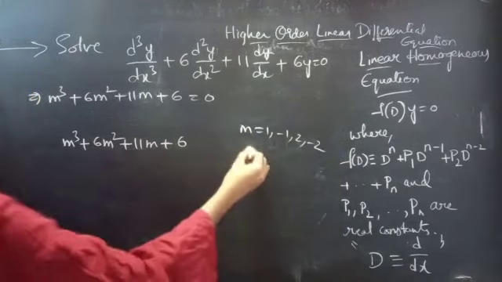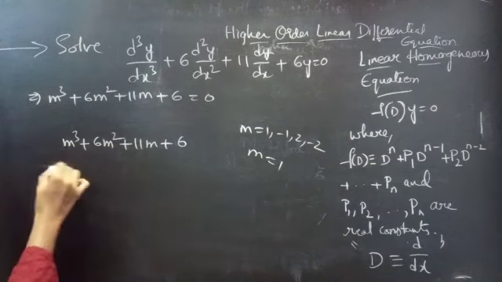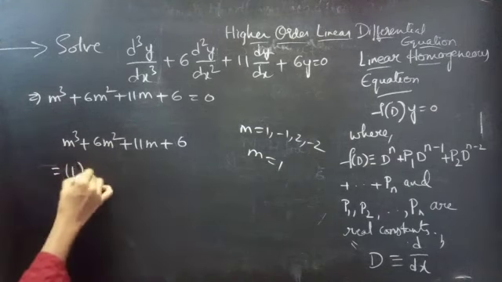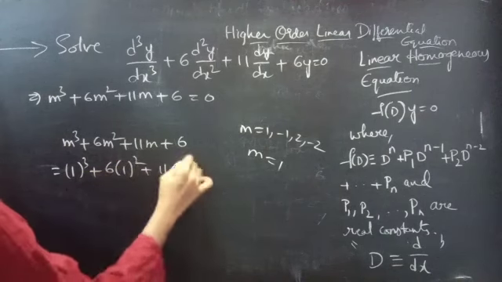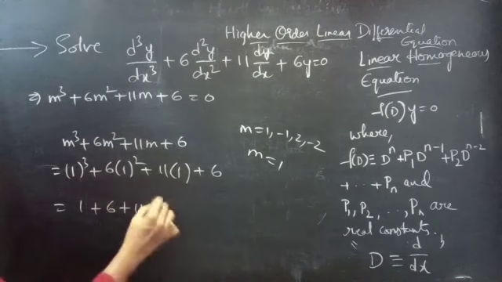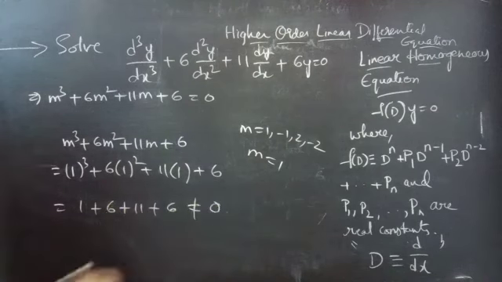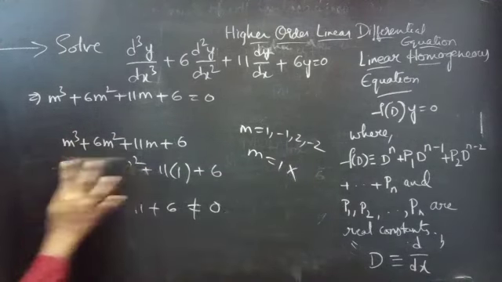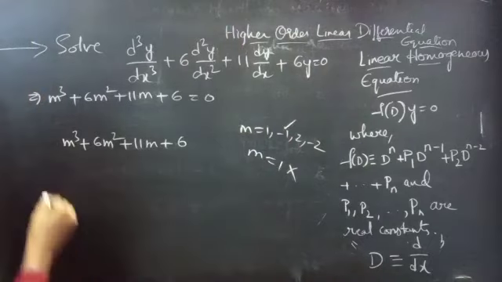Okay. Firstly, let's check for m equals to 1. What we'll get? If you put m equals to 1, you'll get 1 cube plus 6 into 1 square plus 11 into 1 plus 6, which is equals to 1 plus 6 plus 11 plus 6, not equals to 0, right? So it does not satisfy for m equals to 1. Now, go for m equals to minus 1.